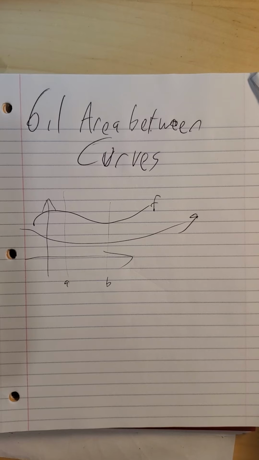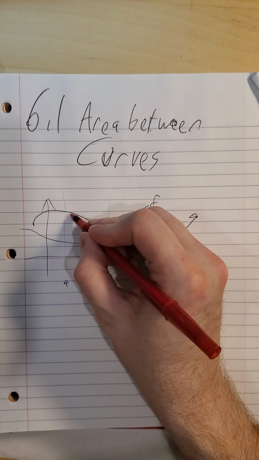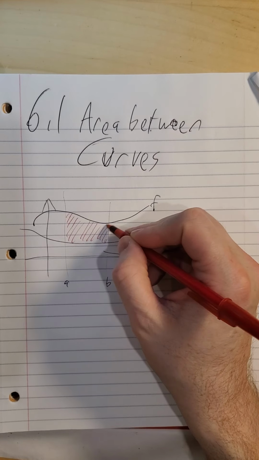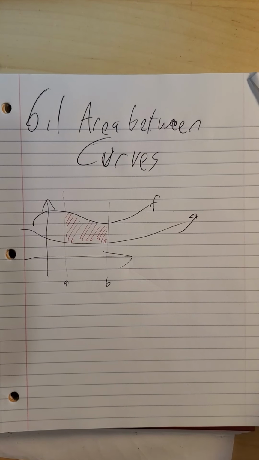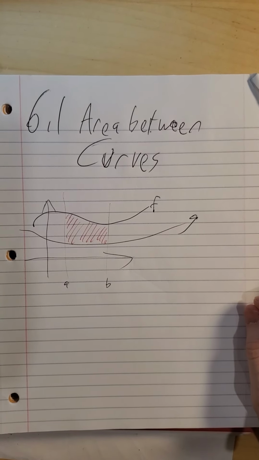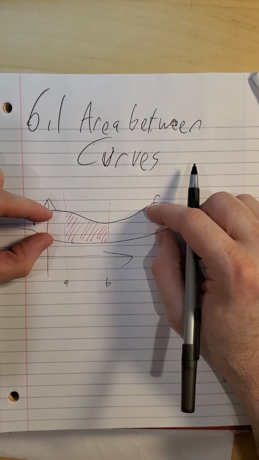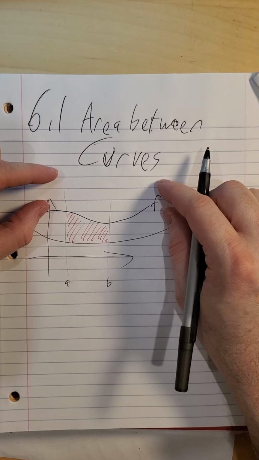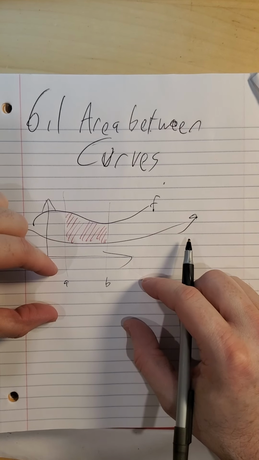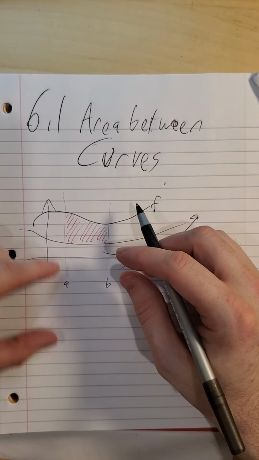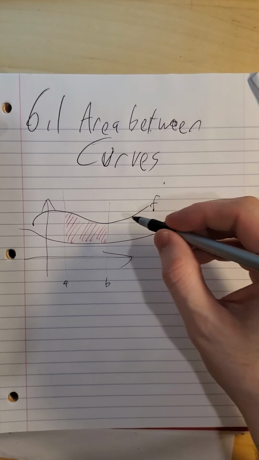In 6.1 we're going to be looking at how big the area is just between a top curve and a bottom curve. Now, one nice property that these things have: if we add the same constant to both f and g, or subtract the same constant from both f and g, that's really just equivalent to sliding up or down on the y-axis.